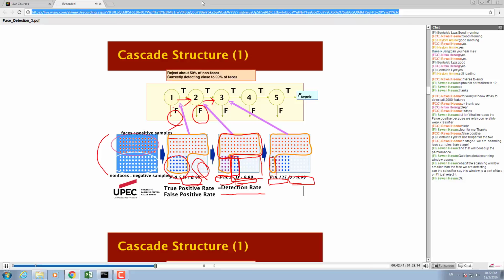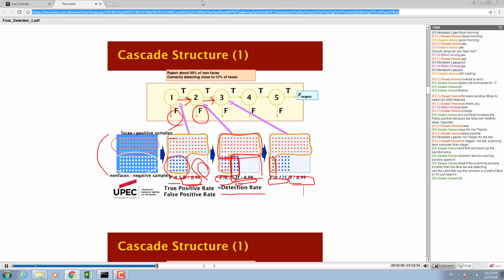So that is a kind of parameter, a factor. Whatever the size of the window, this cascaded classifier structure is not concerned about that. It just processes yes or no, classifying whatever size of window.